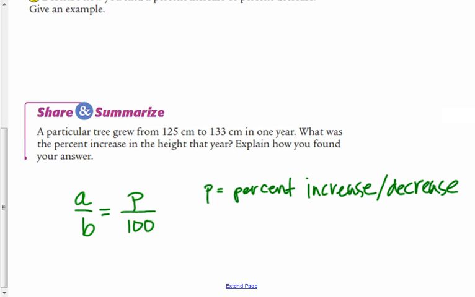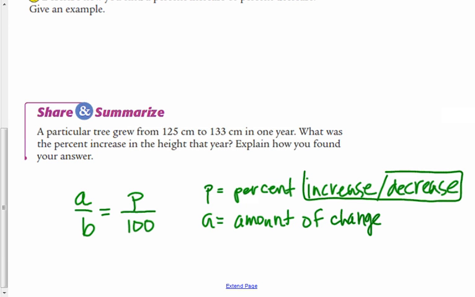And to get that, A is going to be your amount of increase or decrease, so amount of change, which is either increase or decrease. And B is the original amount. And if you use this, you should be good at finding percent increase and decrease. All right. I'll see you next time in class.